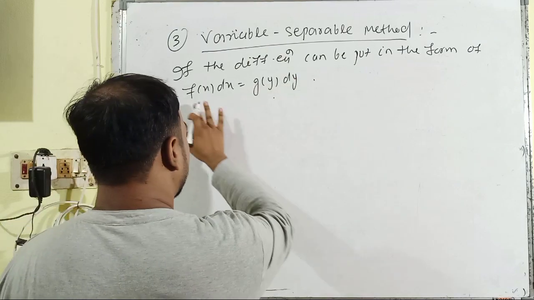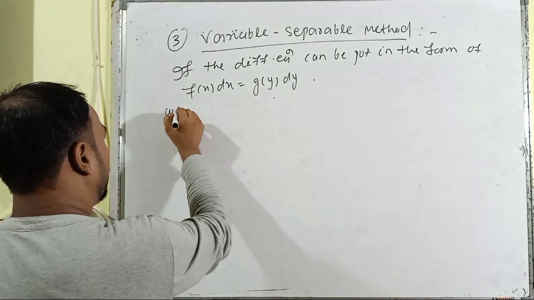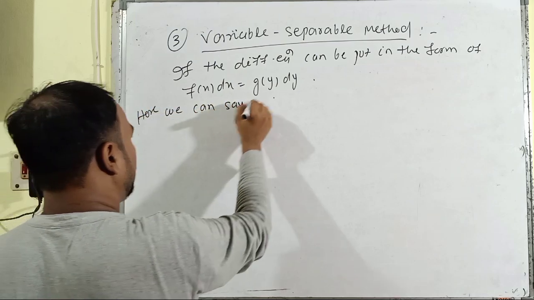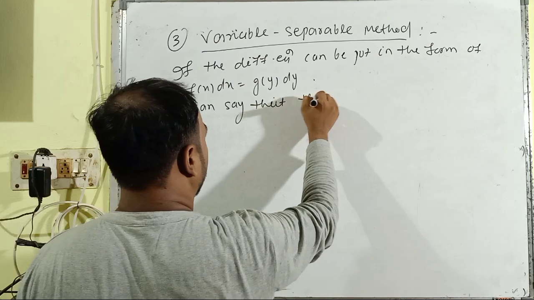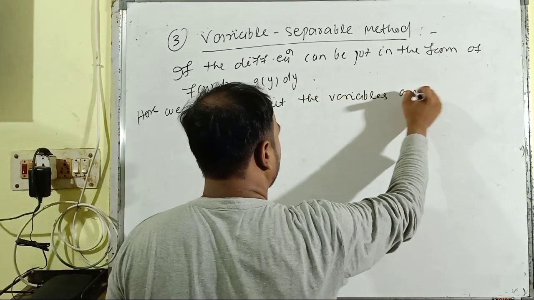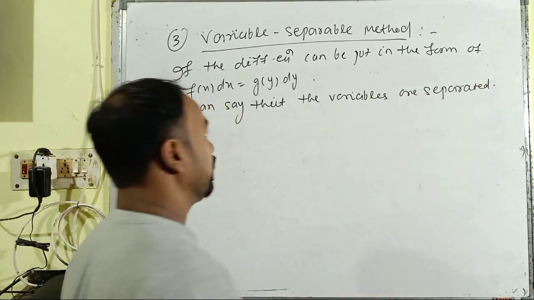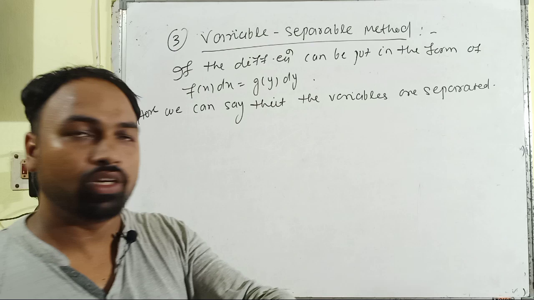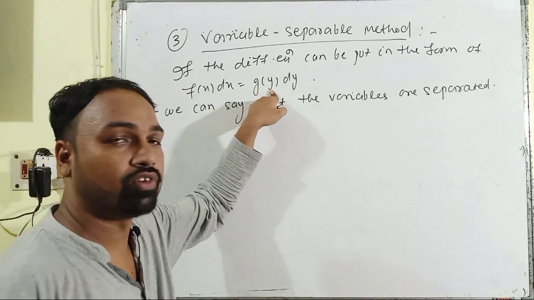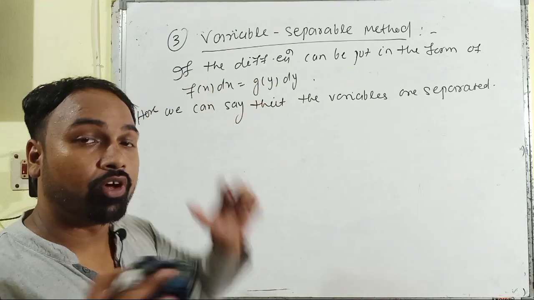So whenever we can separate f of x and g of y, we can say that the variables are separated. If any differential equation can be put into the form f of x dx is equal to g of y dy, that means they can be separated along with their operators.